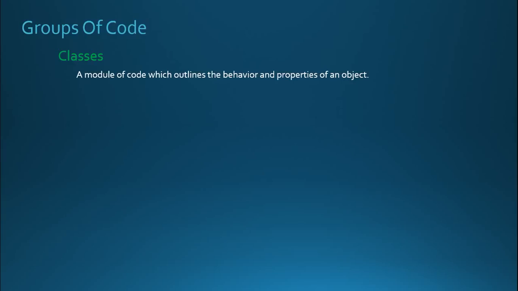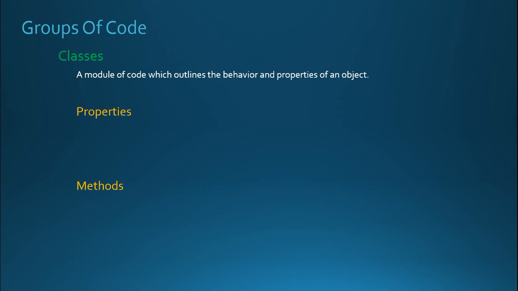Classes specifically pertain to object-oriented programming. If you've heard that term bandied around a little bit, that's essentially what we're getting into here. I'm not going to get too far into it right now, but just understand a class is a module which is basically an outline or a blueprint for an object that we want to make in memory.